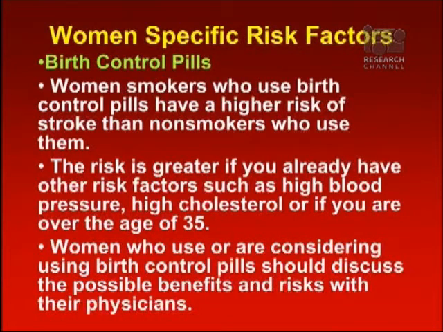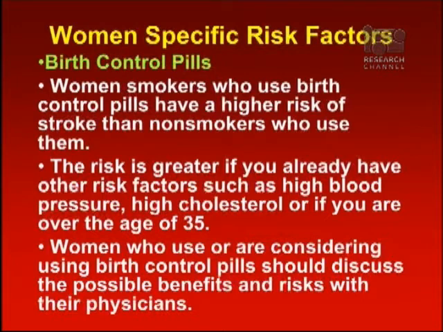Now the concentration is much different, and so it's thought that overall birth control pills are safe to use. However, women smokers who use birth control pills have a higher risk of stroke than non-smokers who use them. And the risk is greater if you already have other risk factors such as high blood pressure, high cholesterol, or if you're over the age of 35.